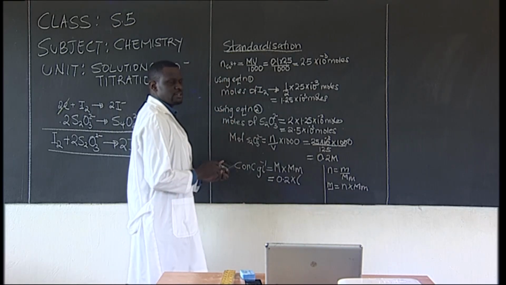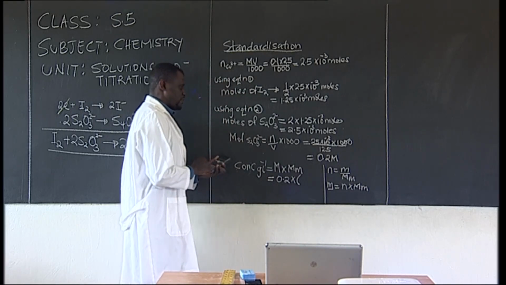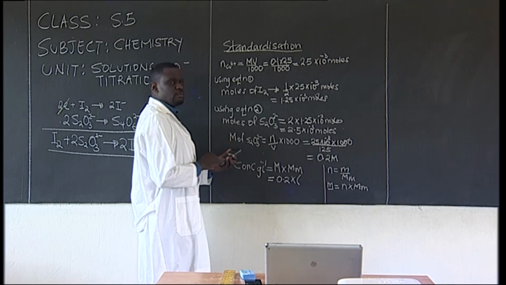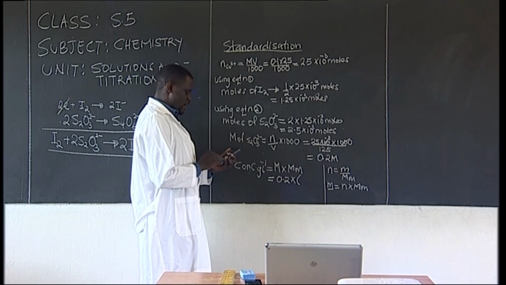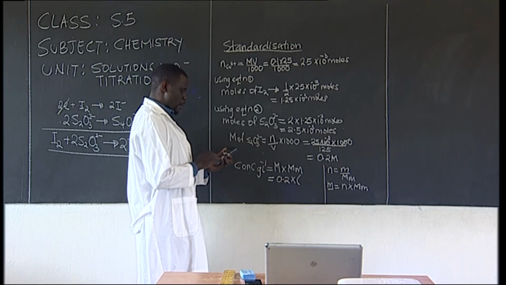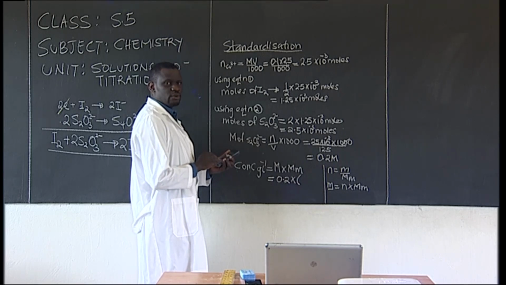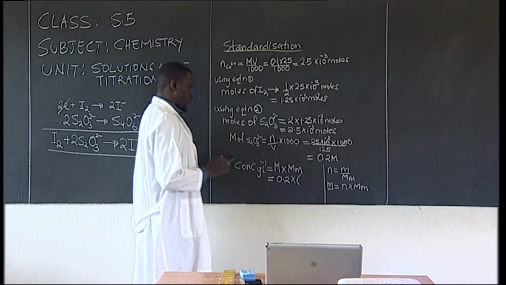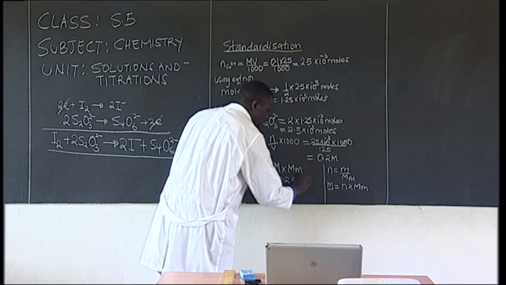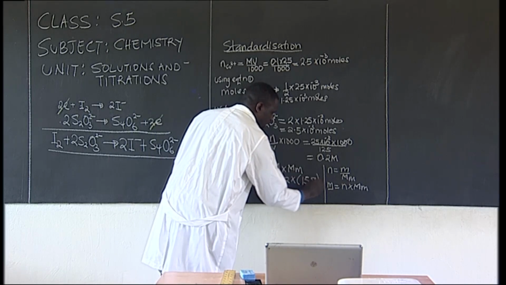Sodium thiosulfate is sodium times 2, plus sulfur times 2, plus oxygen, which is 16 times 3. So our value of molar mass of thiosulfate will be 158.